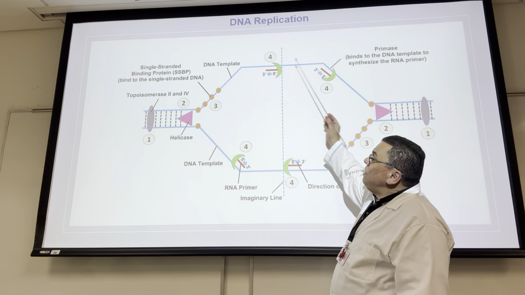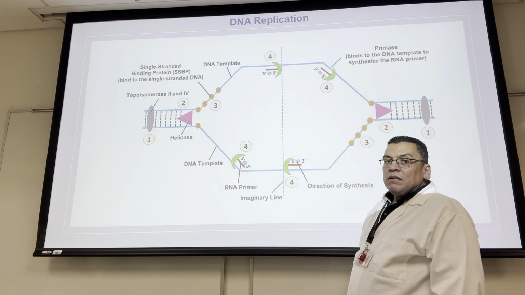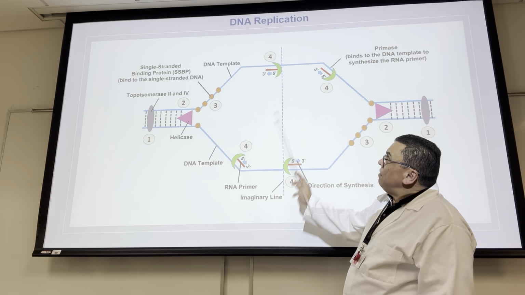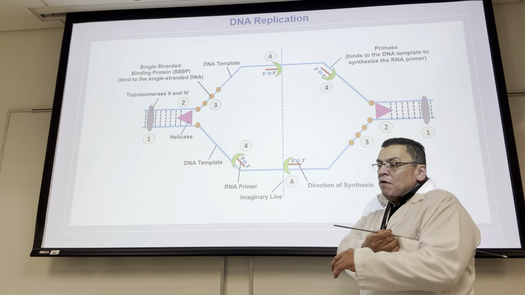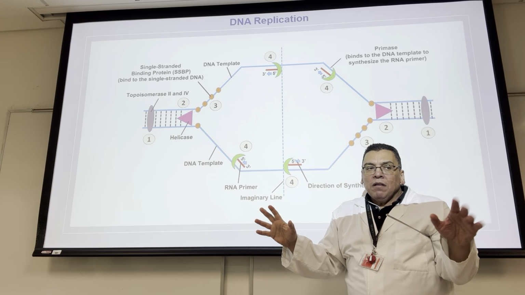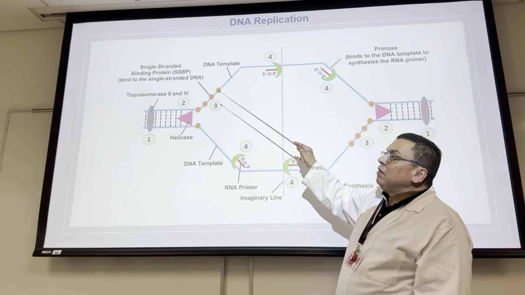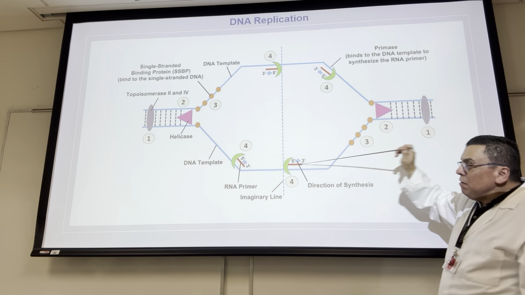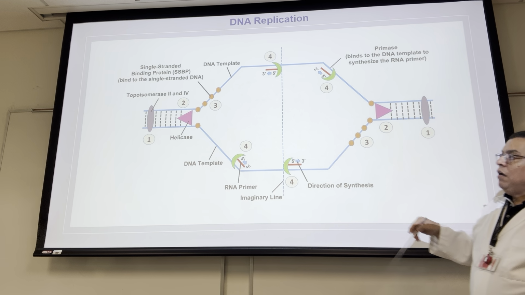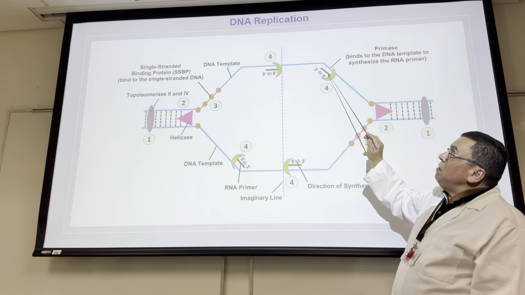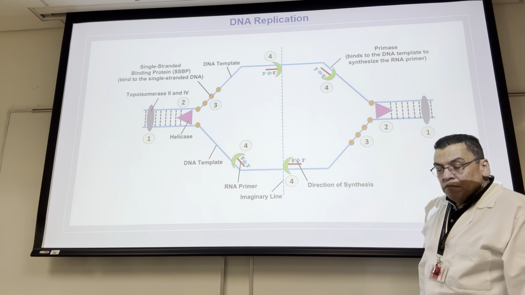Whatever is happening here is also happening here. And whatever is happening here is also happening here. So now you have 4 primases coming in. One sitting here, and it will go this way. And one sitting here, and it will go this way. And one sitting here will go this way, one sitting here will go this way.